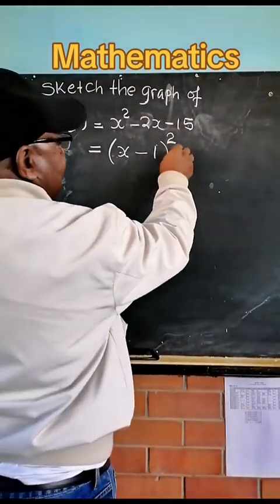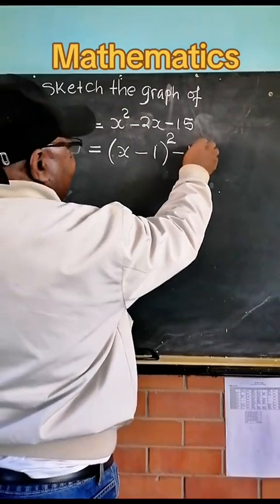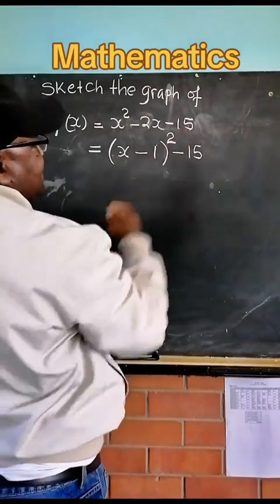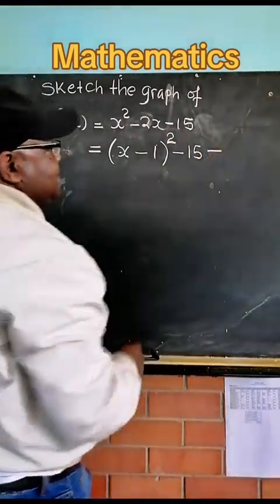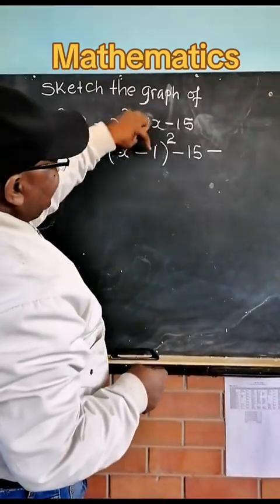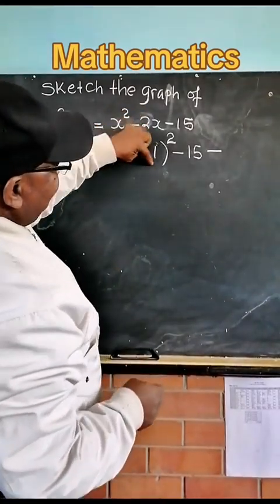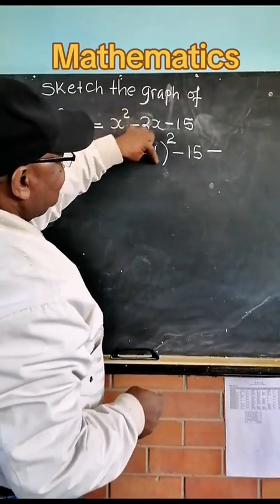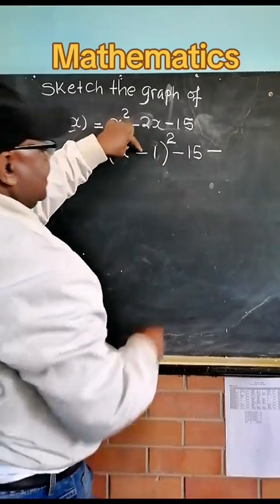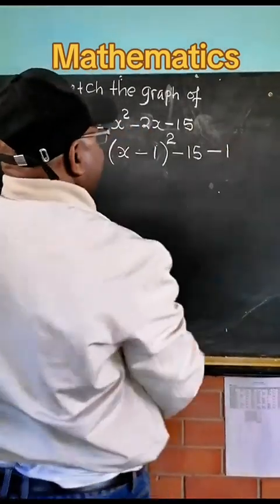You will then take down the constant, negative 15. But you must make an adjustment here. You take this term, which is negative 1, you square it. If you square that, you get 1, then you subtract that 1 there.